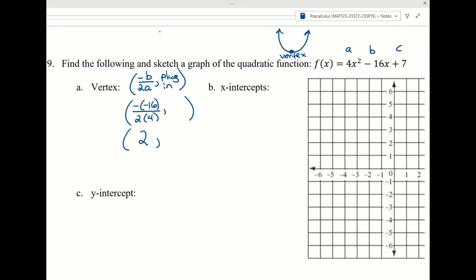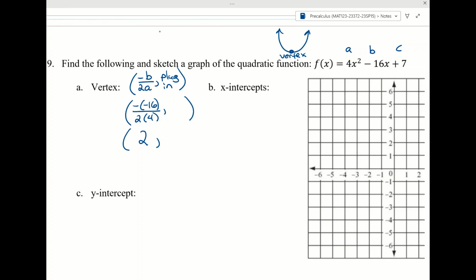Question: is that the plug-in because that's perfectly in between where the plus or minus would be, like the roots? That's right. The quadratic formula is the opposite of b plus or minus the square root, so we're only taking the first part of the quadratic formula, right in the middle before the plus and minus square root. So we know the x value of the vertex is 2.